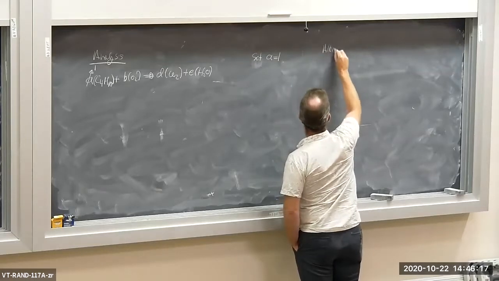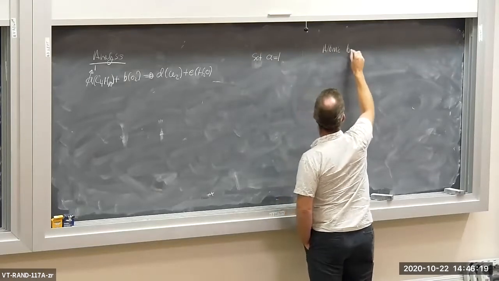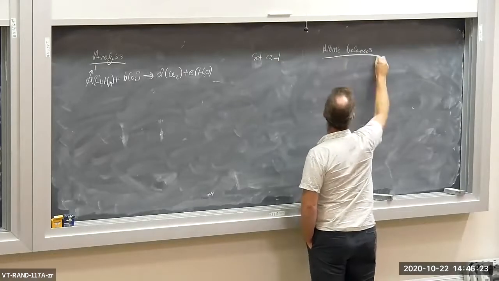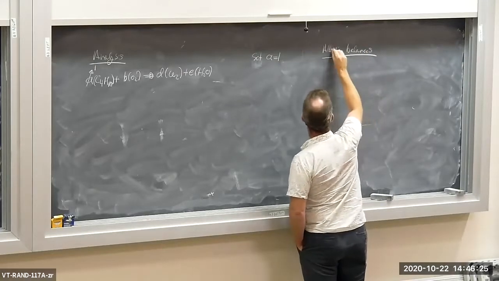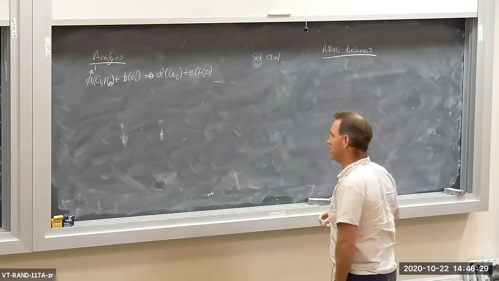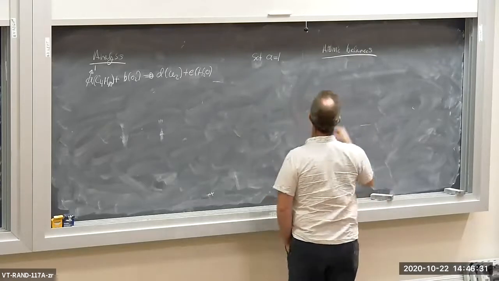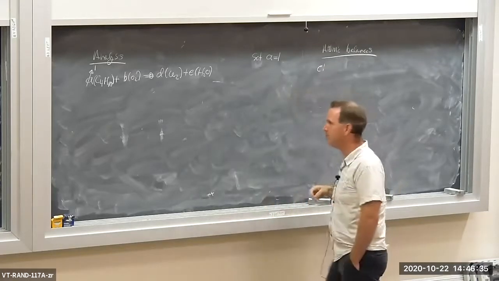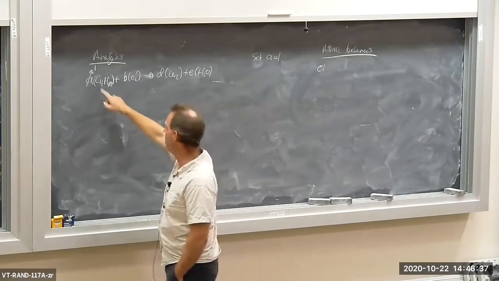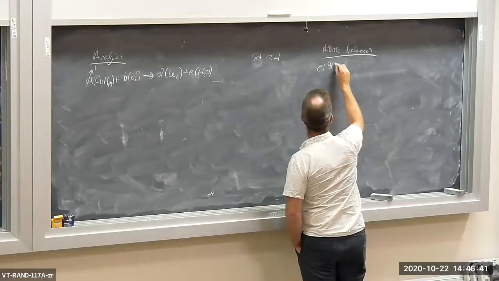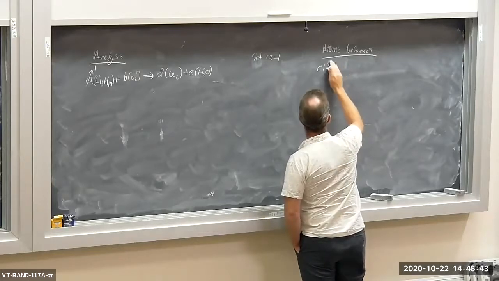Atomic balances. Let's do a carbon balance on this equation here. So a C balance, carbon. Well, I have 4 carbon atoms in the fuel, so I have 1 times 4.